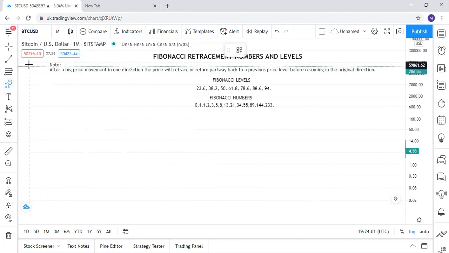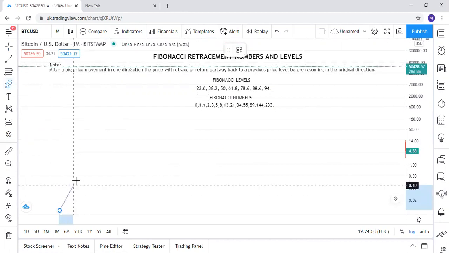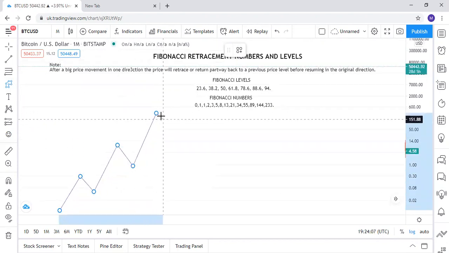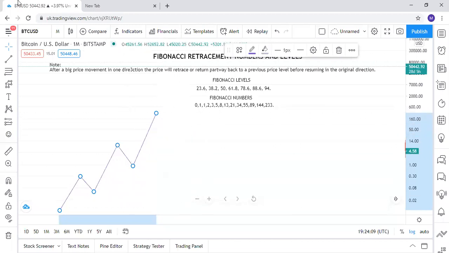Now, like I said, the market moves in impulse, corrective, impulse, corrective for the uptrend. Please write this.